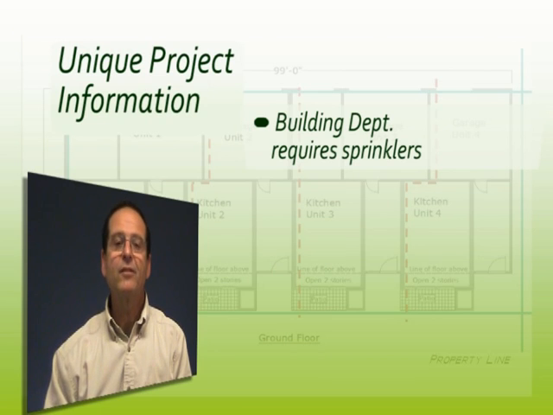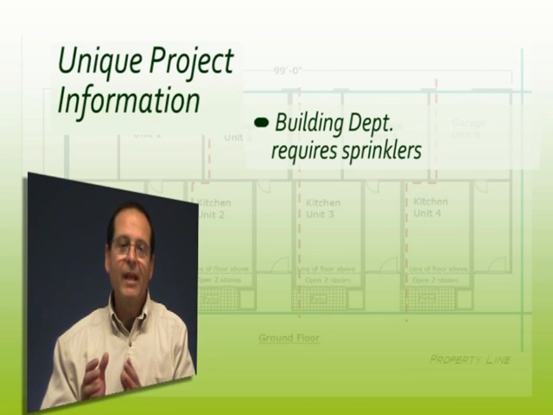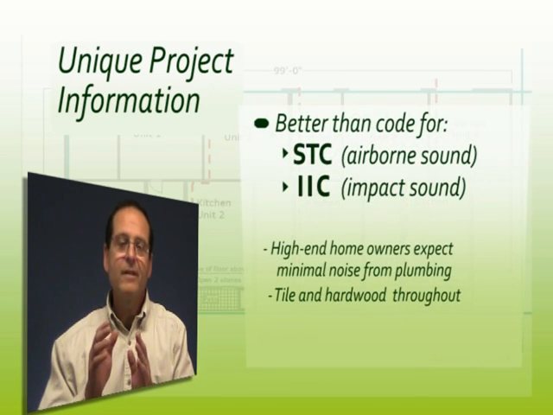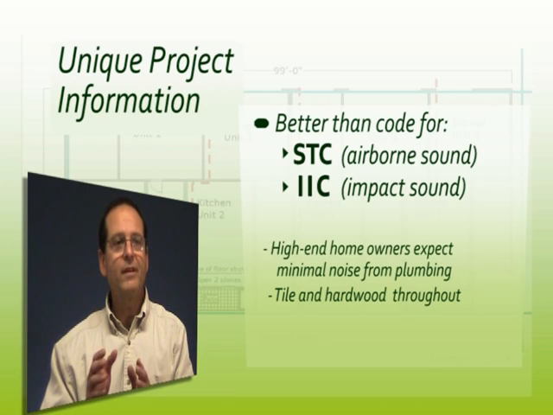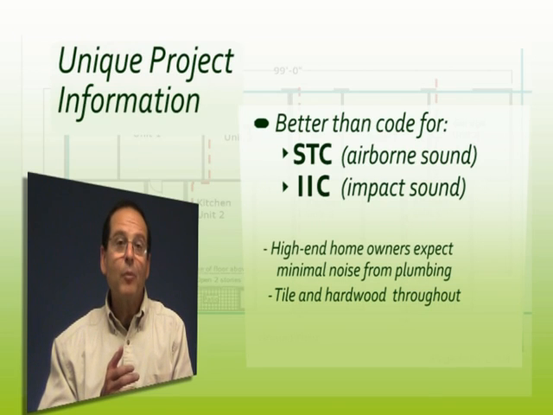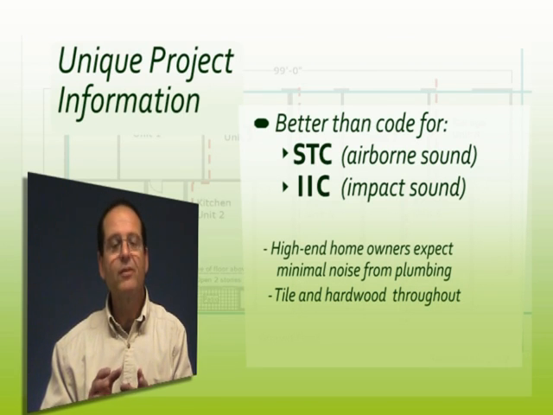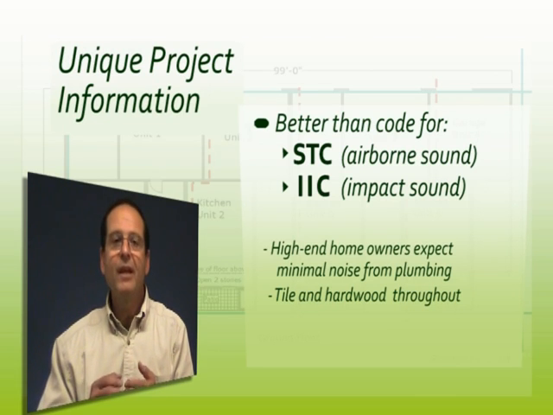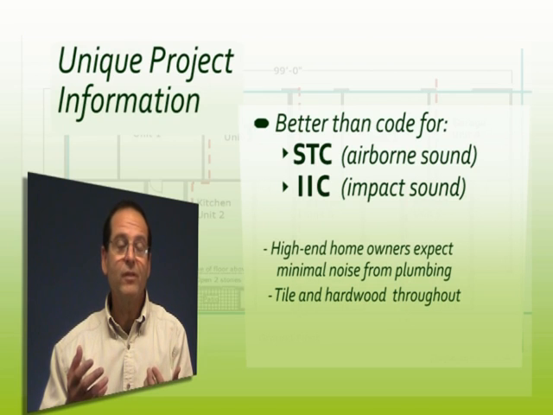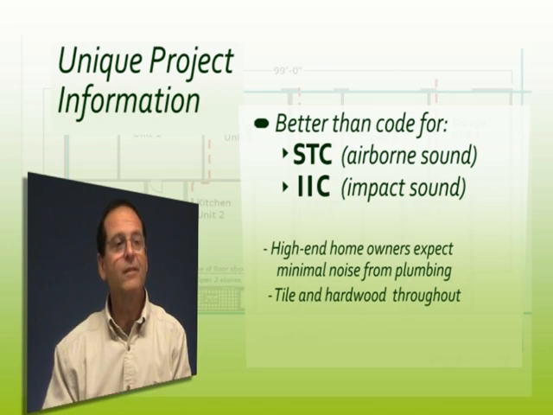The second thing is these are a little bit higher end units, and the architect was very concerned to make sure that the sound ratings, the STC and the IIC, STC is airborne sound, IIC is impact sound, and both of those ratings are slightly better than code because he built some prior units. They weren't quite as good, and you can see some of the issues that he had to wrestle with there with plumbing, and now he's going to have to put in all tile and hardwood on these floors. There are no carpeted areas. So that will play into some of our factors.